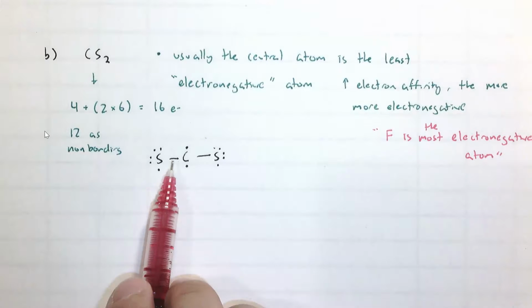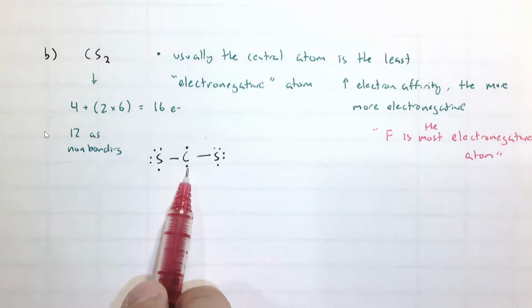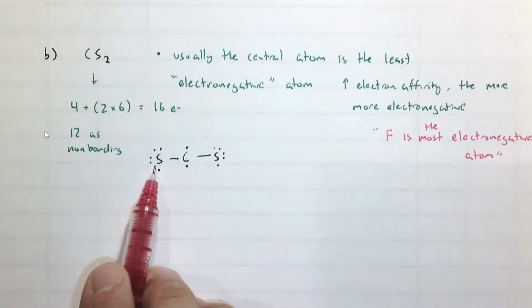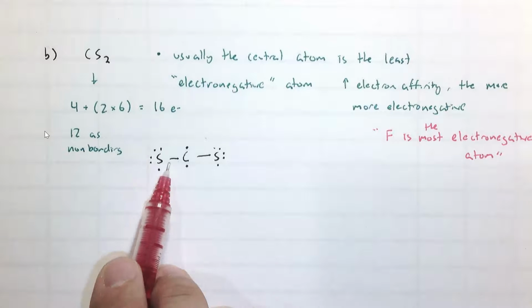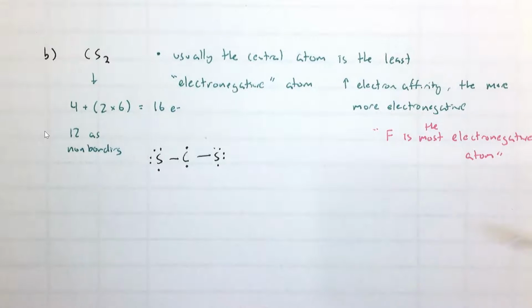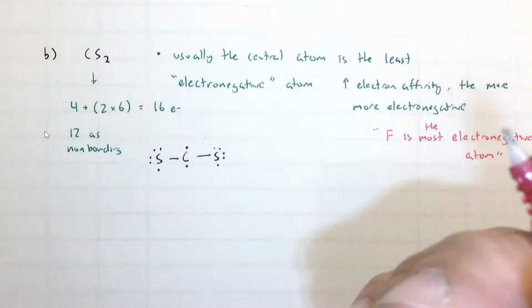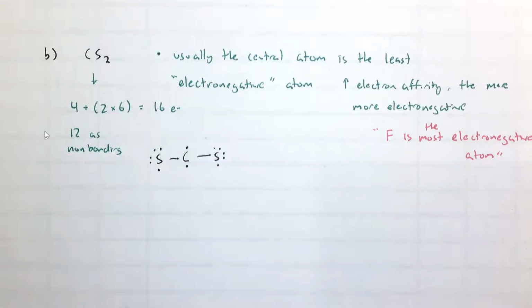It has 6 electrons around it. Sulfur, 1, 2, 3, 4, 5, 6, 7. So none of these atoms satisfy the octet rule. This is where I mentioned that this step may be trial and error, but we're going to start moving electrons to try to get each of these atoms to satisfy the octet rule.